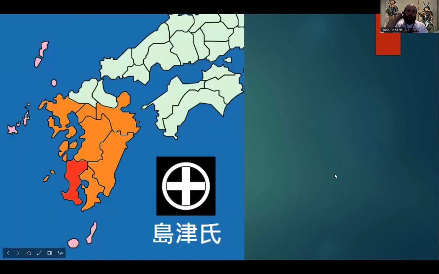And they, much like all of the individuals we've talked about here, the Shimazu clan would begin in a much smaller area of territory on the southernmost island.